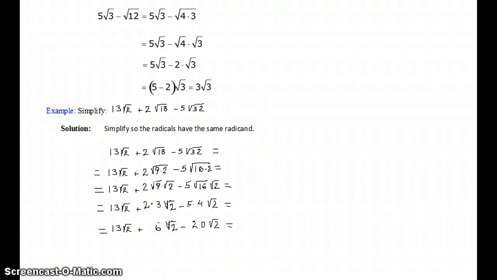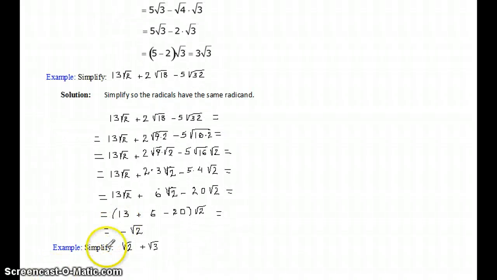So we simply add or subtract their coefficients. 13 plus 6 minus 20 times square root of 2, or minus square root of 2. And this is the final answer.